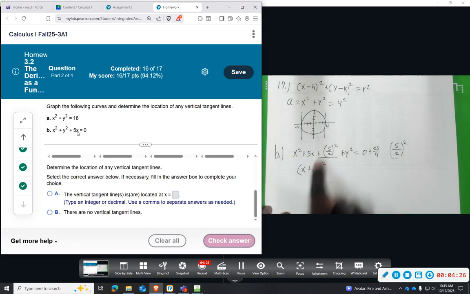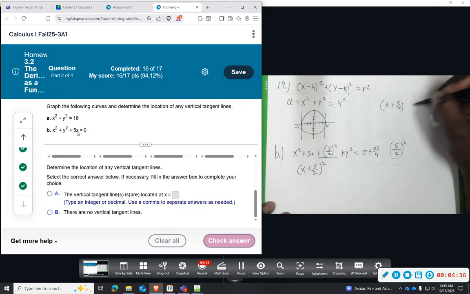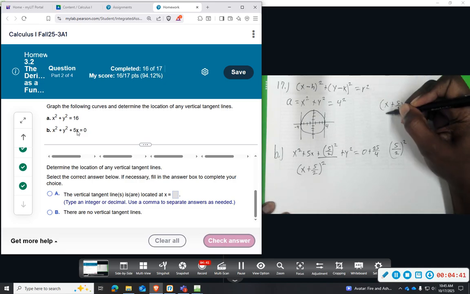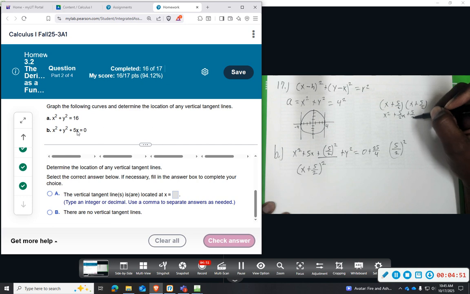If you were to FOIL this out, the 5x didn't just disappear. Let me show you. (x + 5/2)(x + 5/2). So you do x times x, that'll give you x squared, x times 5/2, which is 5/2 x, and then 5/2 times x will give you another 5/2 x, and then 5/2 times 5/2 will give you (5/2)², which is the same as 25/4.